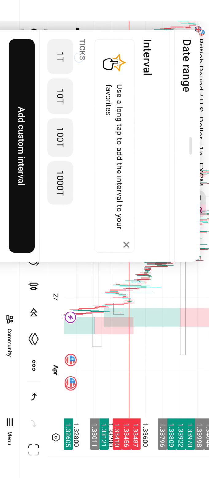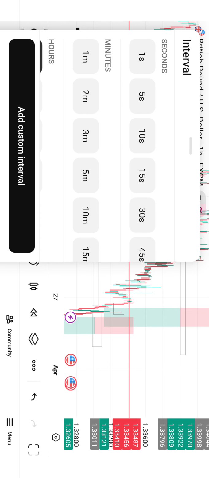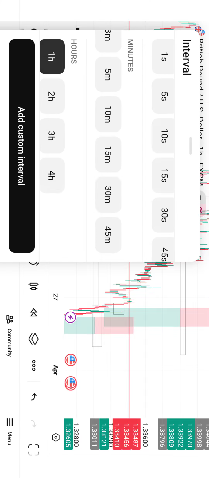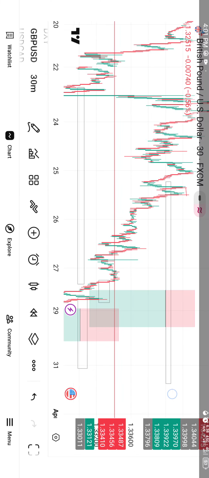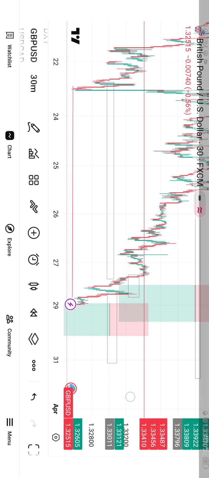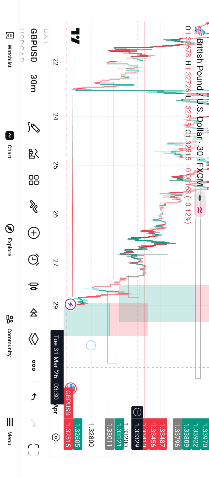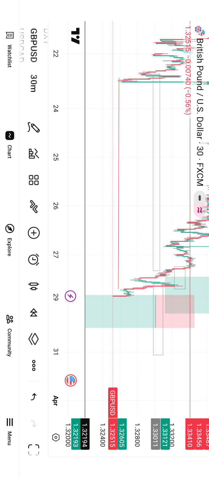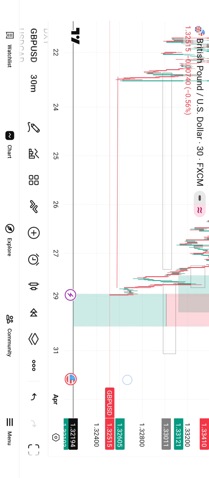So what I want to see is price during Monday market opening, you could see price pulling down more.